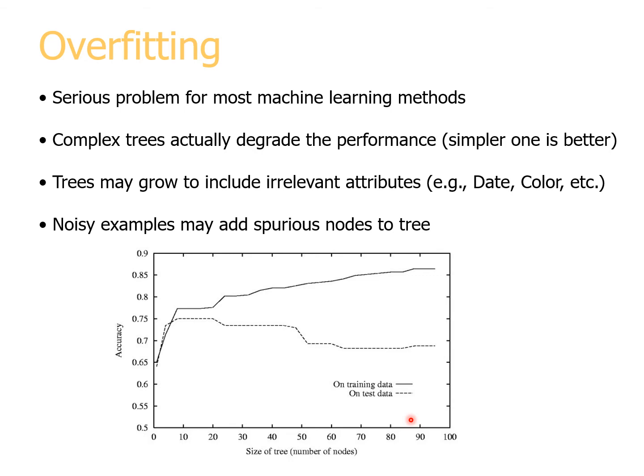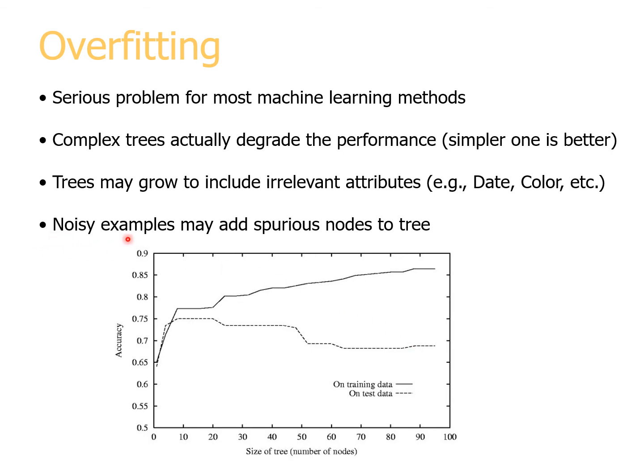So in the beginning, the attributes you select are very high quality, very pure attributes. But later on, near this side, all the remaining attributes are pretty much poor, uncertain attributes. So around this stage, you have to add impure, irrelevant attributes. That's one reason. If the tree is too complex, you end up adding impure, irrelevant, sometimes useless attributes to the decision tree, and that actually degrades the performance of the decision tree.